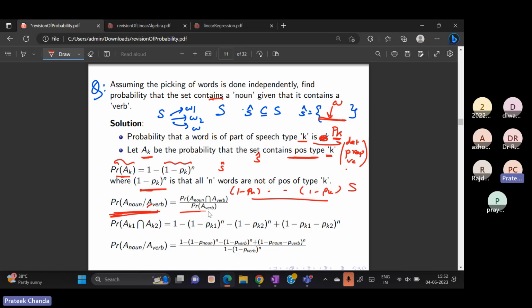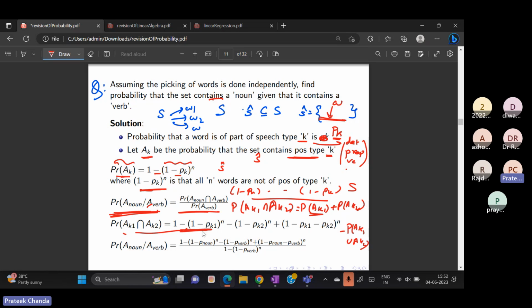Again, applying Bayes' theorem, I can say it like this, and if I expand it, skipping a step here, P of A K1 union A K2 is P of A K1 plus P of A K2 minus P of A K1 intersection A K2.